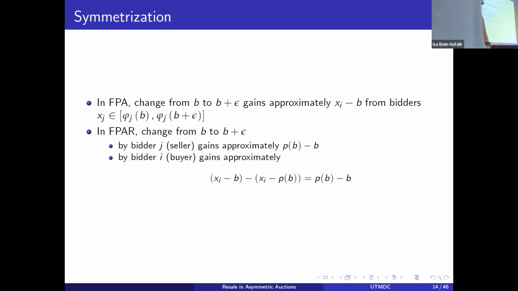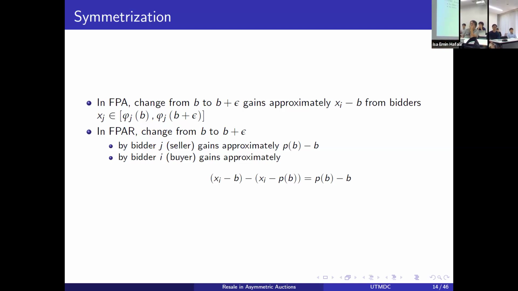I was losing against them, but those guys were making offers that are acceptable to me, so I was getting it at the price of P. Now, by bidding slightly more, I directly win against them and get it at the price of B. So the additional gain is xi minus B minus xi minus P, which is also P of B minus B.